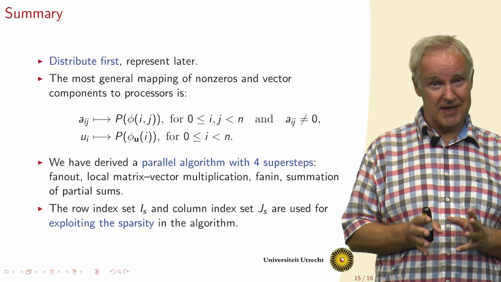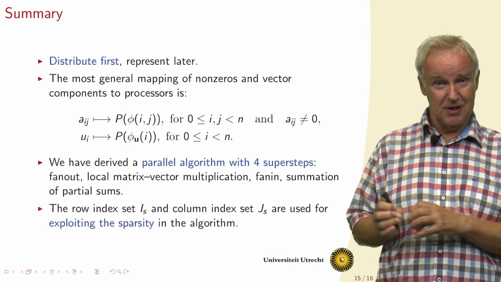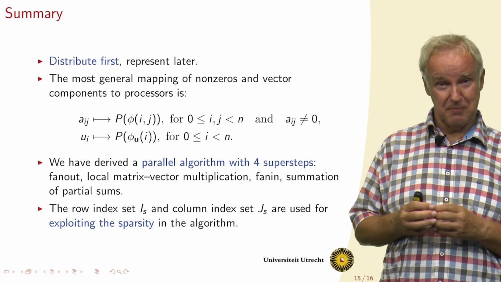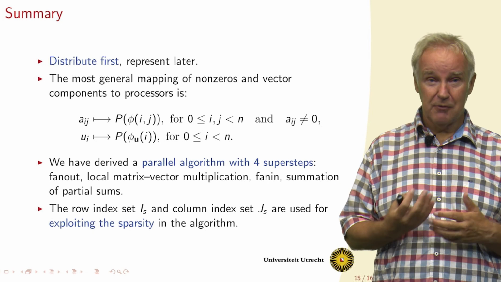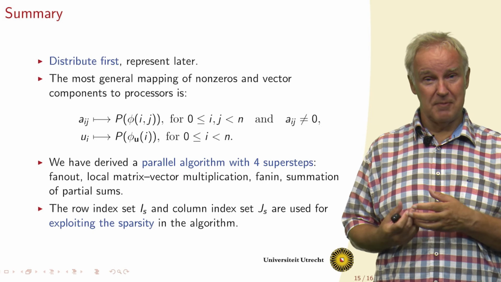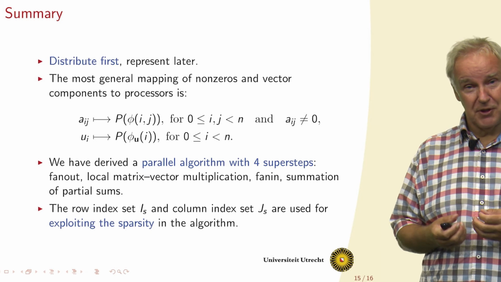We start with a fan-out, then perform a local sparse matrix vector multiplication, a fan-in, and then we add some partial sums to get the final result. We've also seen a row index set IS and a column index set JS, which represent the non-empty rows and columns of the matrix.